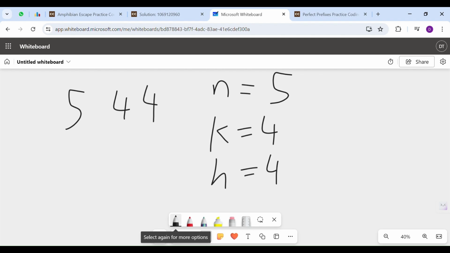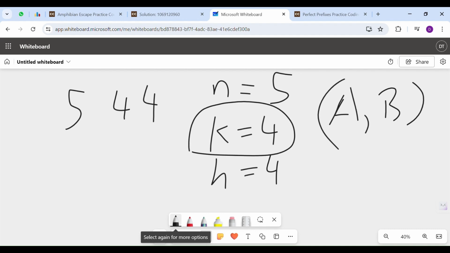So you need to find the number of pairs A comma B that you can select such that if the frog jumps, it should get out of the well in at most K number of moves.